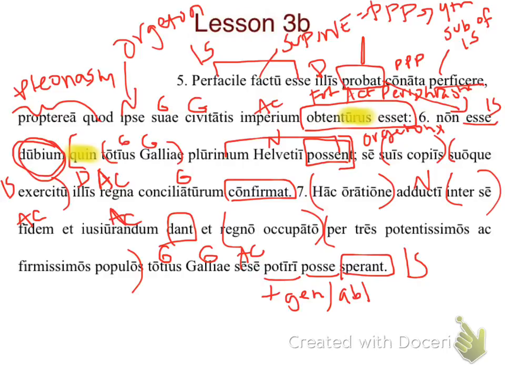Okay, then we got he, meaning still Orgetorix. He confirms that, still an indirect statement. Ooh, I lied to you and you let me do it. Okay. He confirms that he himself, this is the subject of your indirect statement. This is your infinitive in the indirect statement.